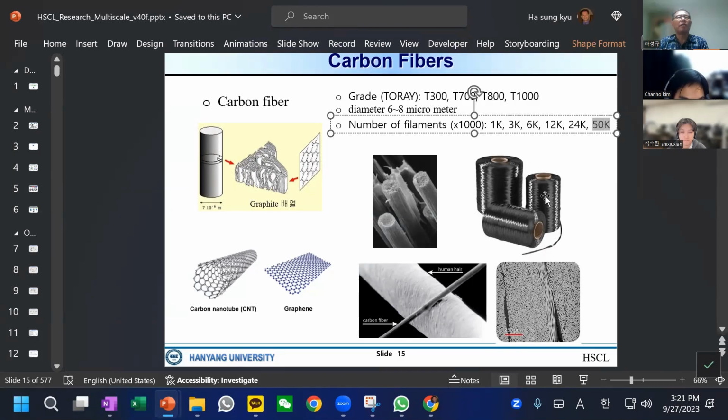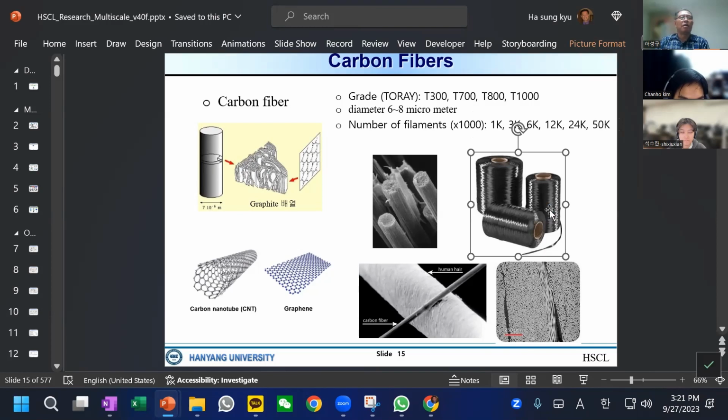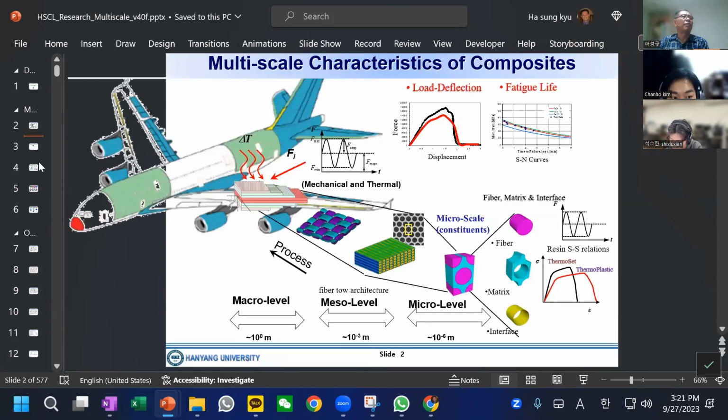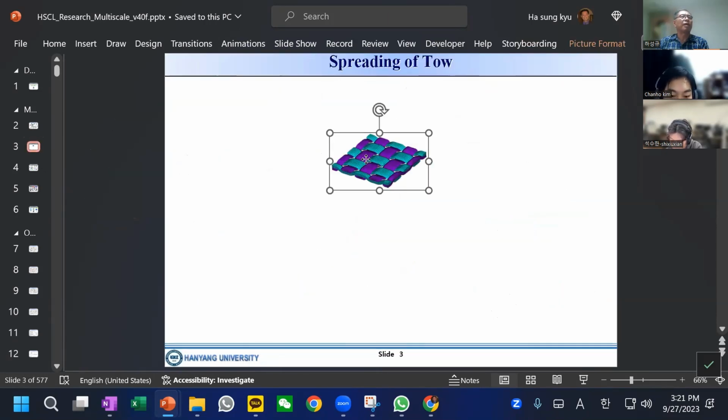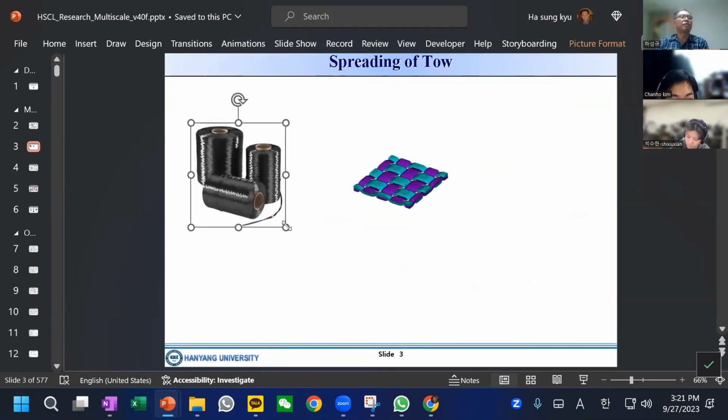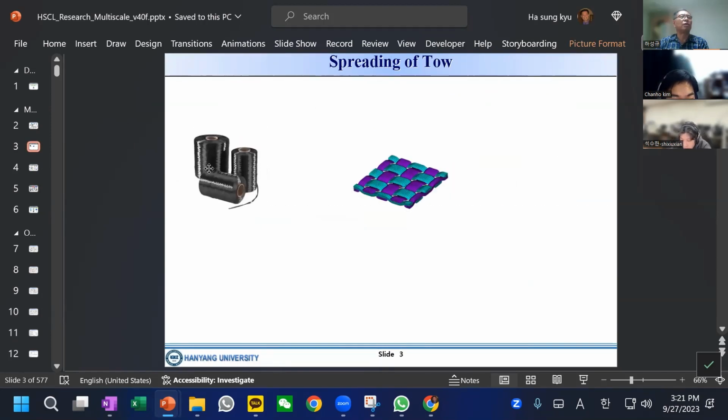So anyhow, this is the carbon tow. In manufacturing and selling carbon fiber, the producers such as Toray, Hyosung or Toho always produce this carbon tow.